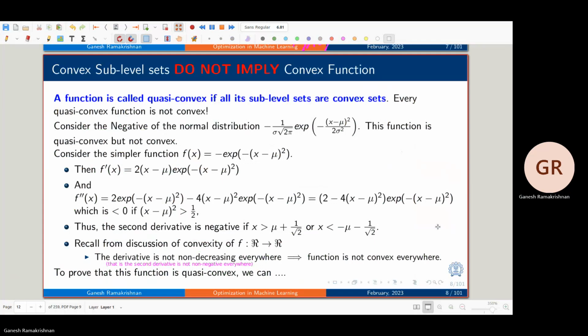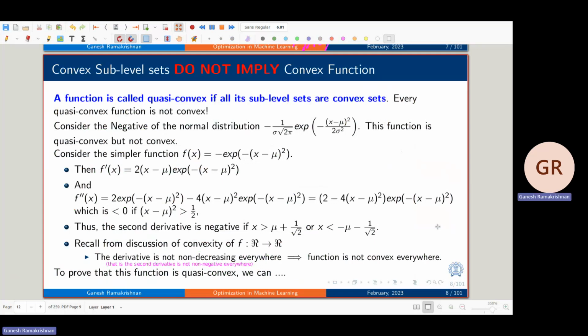If f is a quasi-convex function, does it have to be a convex function? But if f is a convex function, it is a quasi-convex function.